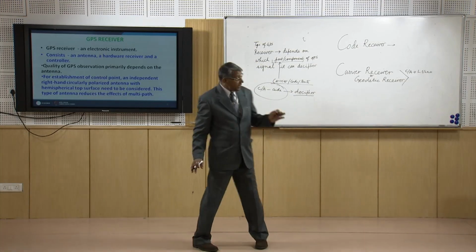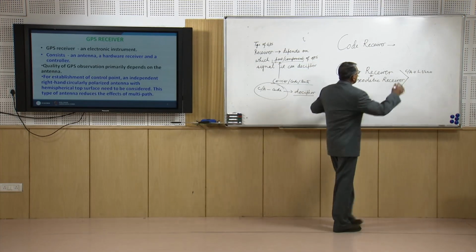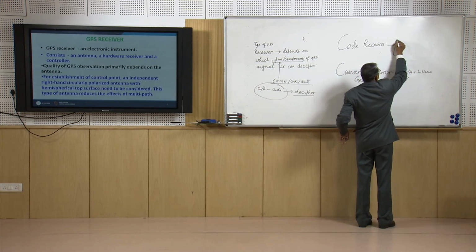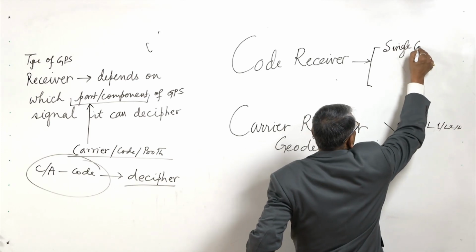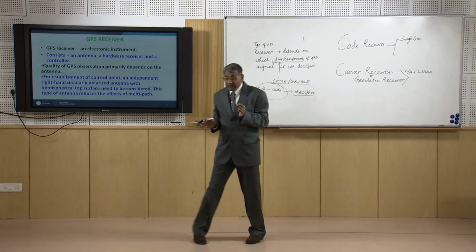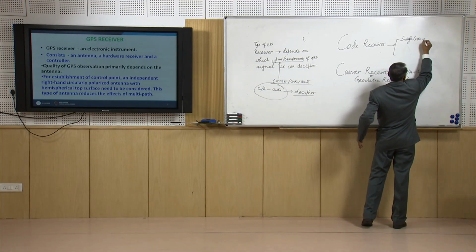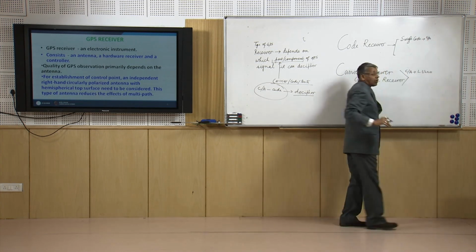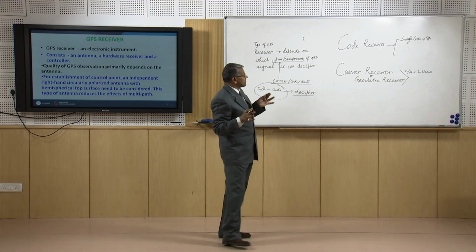Now depending upon what codes it can decipher, it may be single code. For a single code receiver, it is the CA code that it has to decipher. As I told you, all GPS receivers must be able to decipher the CA code.